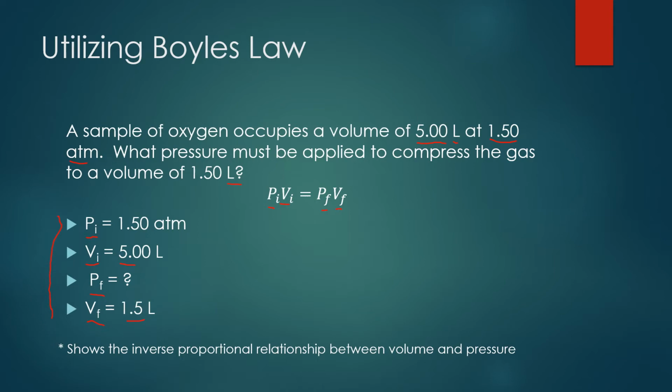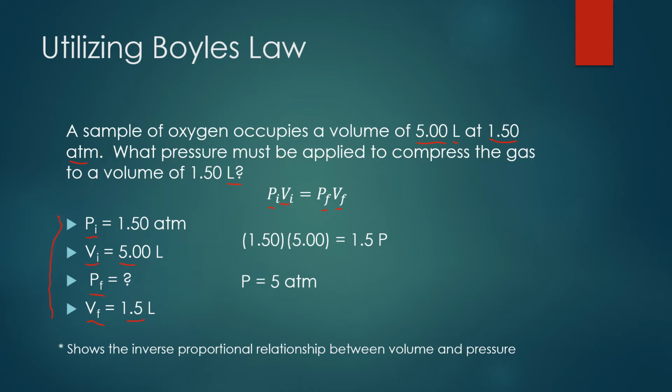So what's happening to the volume? Is it going up or down? It's going down. Okay, so if the volume's going down, what's going to happen to the pressure? We would expect the pressure to go the opposite direction since they're inversely proportional. So the pressure should be going up. So when I solve for my P sub F, I should get a higher number than 1.5 because my pressure should be increasing.